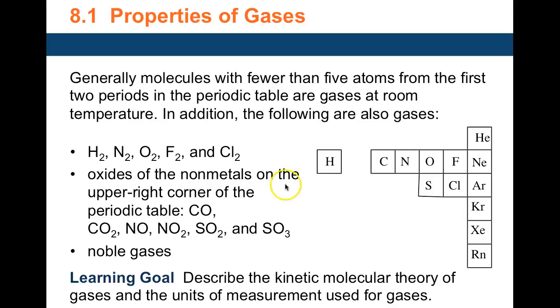So they could be diatomic, they could be polyatomic, they could be gases made up of the same element or different elements, all right? And the noble gases, which are monoatomic, but they all follow the same type of laws, the same type of properties.